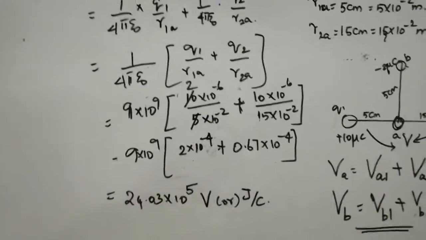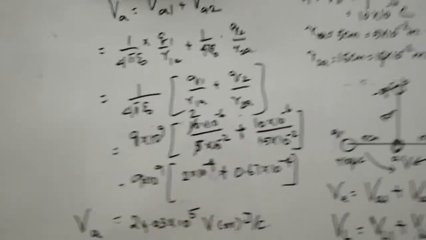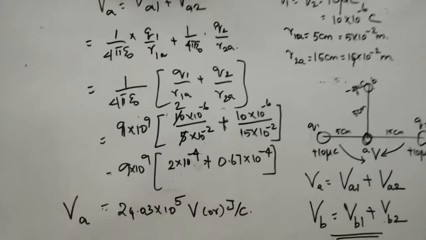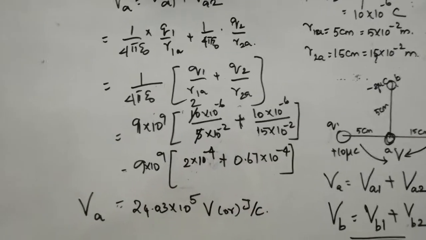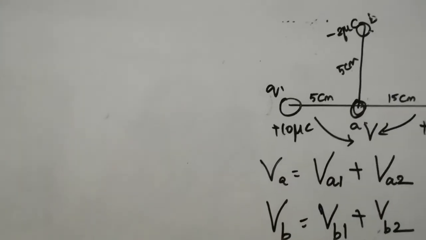So this is the total potential value at A. Now you have to go for the potential value at B. For this, you have to find the potential at B.